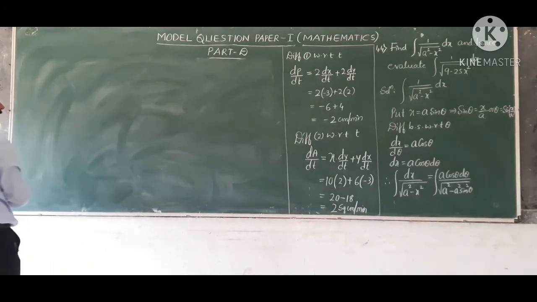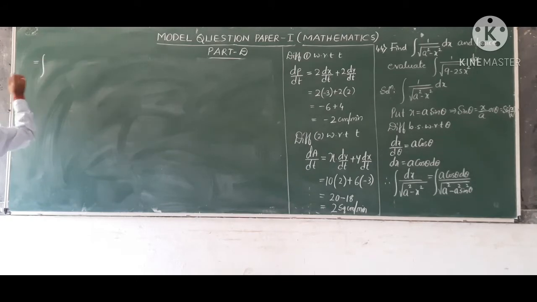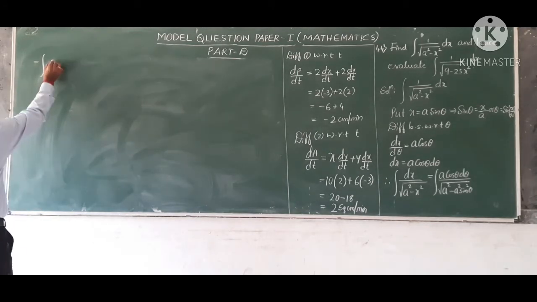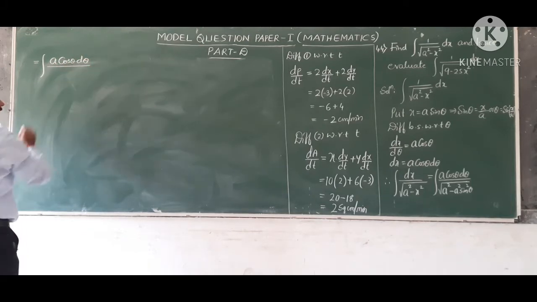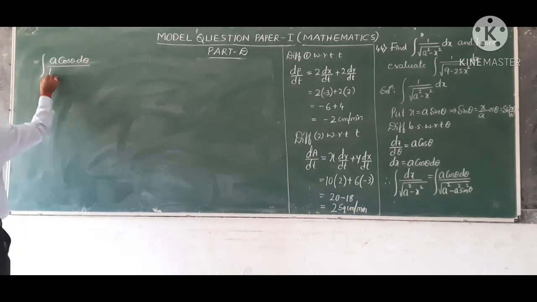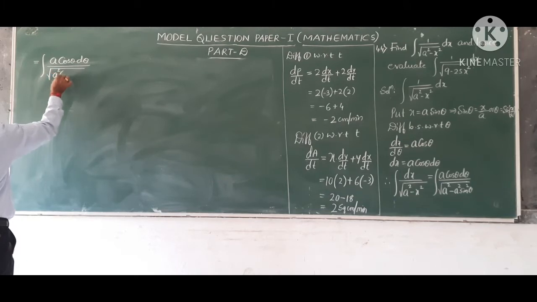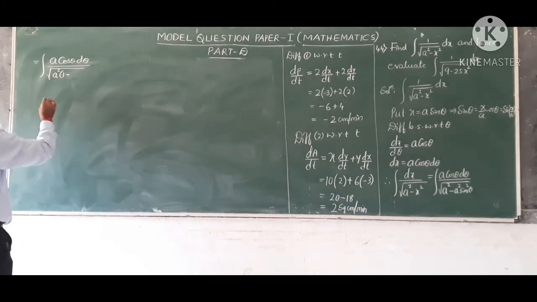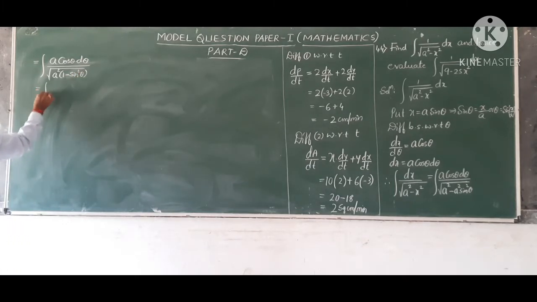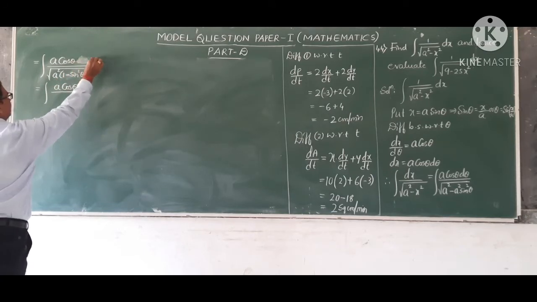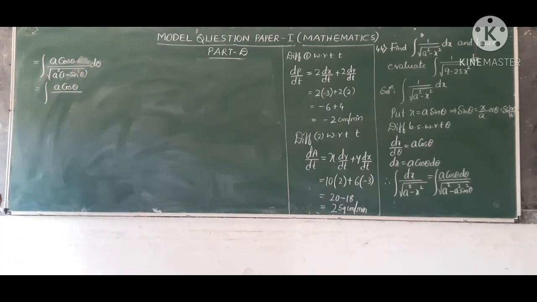Further simplification, that is equal to integral of a cos theta d theta divided by root of, take a square common, 1 minus sin square theta. That is integral of a cos theta divided by root of 1 minus sin square theta, which is cos square theta.